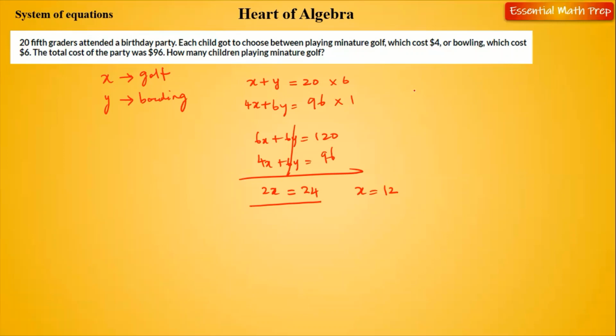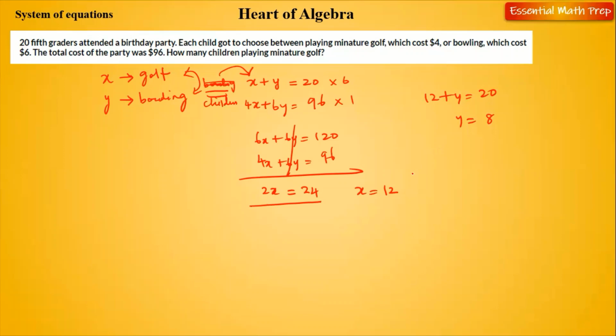Essentially, the children connect the golf and the bowling. That is what is defined precisely by one of the two expressions. The children connect the two games, which is why we gave a head count expression. So we know X is 12, so 12 plus Y equals 20, so Y equals 8.